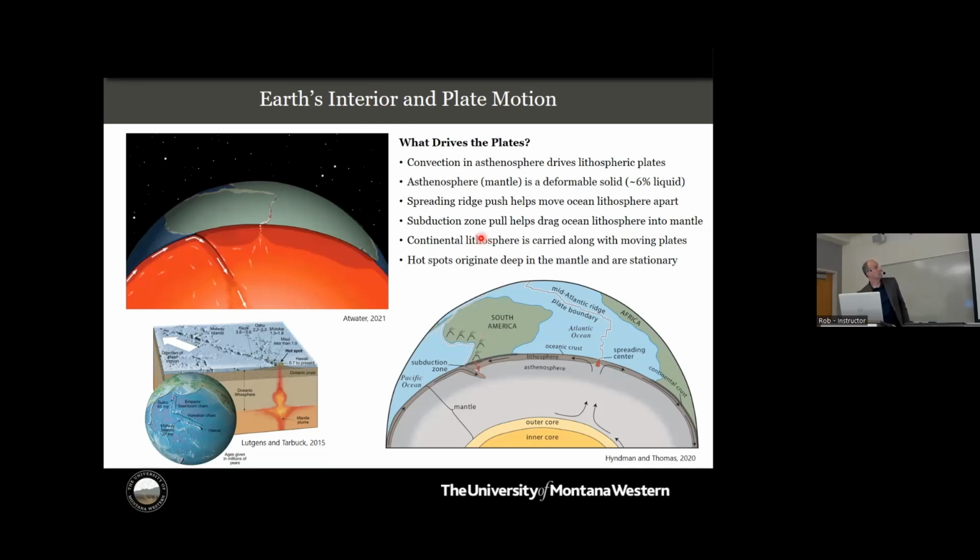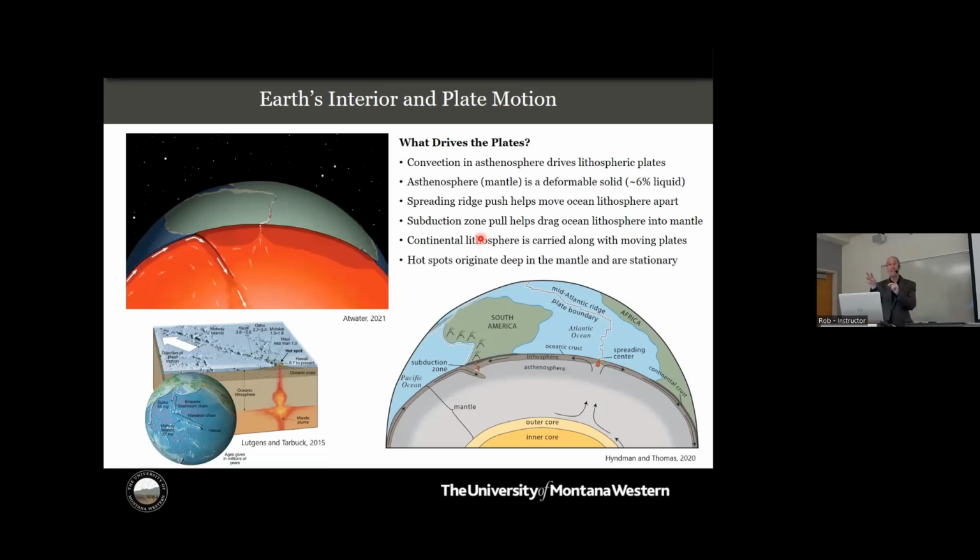And as it goes down, it's like a boat anchor sinking into the water. It pulls the rest of the plate with it as it goes down. Make sense? So at the spreading ridges, there's pushing happening, and where the plate goes down, there's pulling going on.